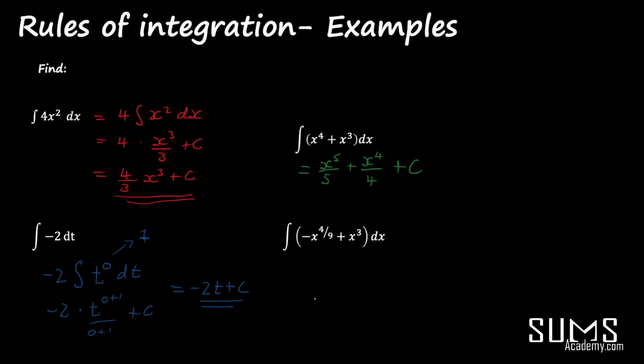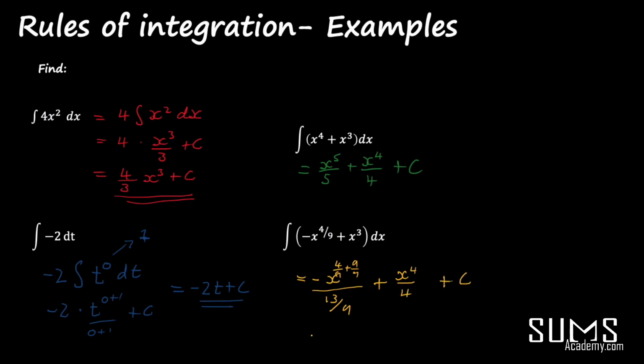This one down here, the integral of minus x to the 4 over 9 plus x to the power 3 dx. This just becomes minus x to the 4 over 9 plus 9 over 9, all over, well, let's just work this out. 4 plus 9 is going to be 13, so this is going to be 13 over 9, plus, this one's a bit simpler, x to the power of 4 over 4 plus c.